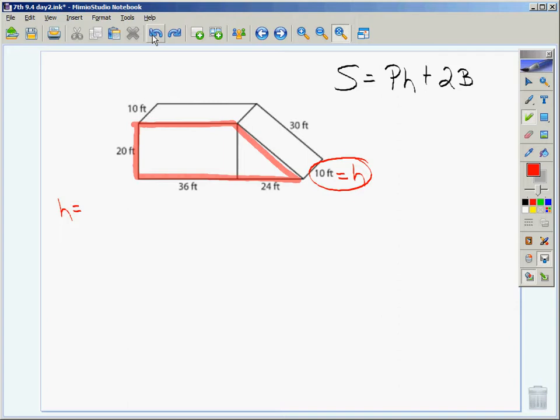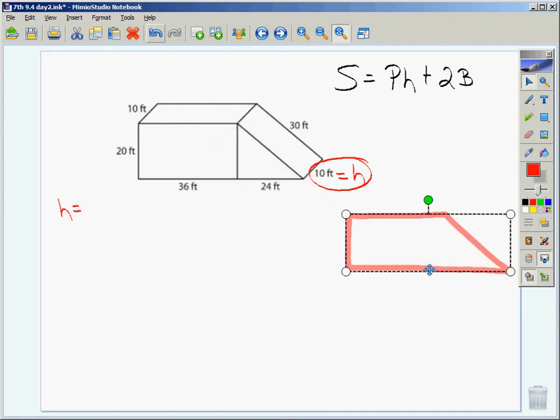Once I've identified that height, I am going to separate out that base shape. I'm going to redraw that picture that was there on my base. Okay? Because what's going to come from this? My perimeter and my area of my base.